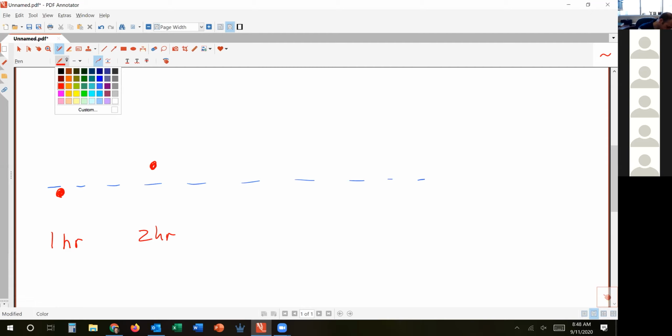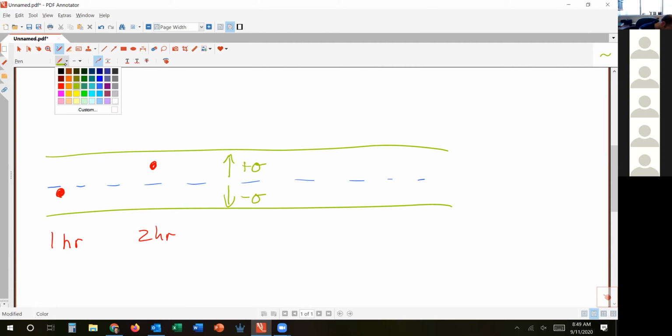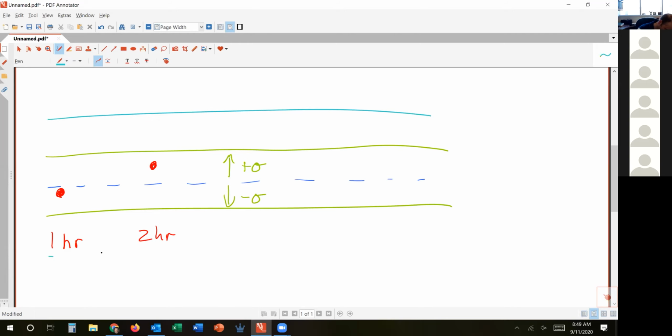How do I know if those are good values? Well, I also know what the standard deviation is of this process. So plus or minus 1 sigma would give me about 68% of the data. Plus or minus 2 sigma, I should get 95.4% of the data.